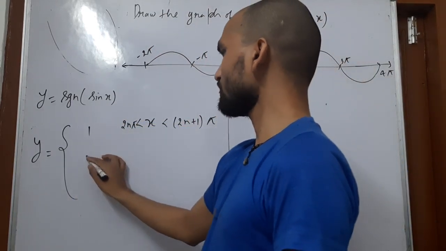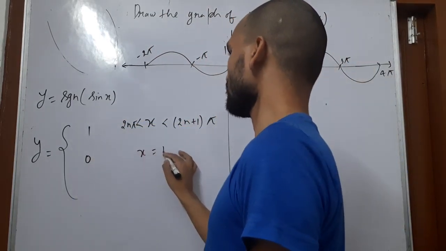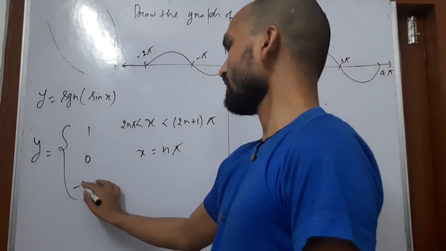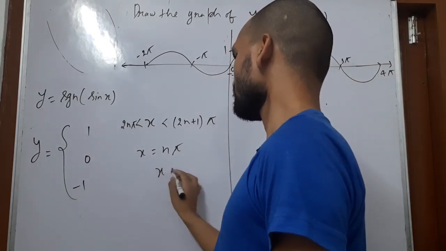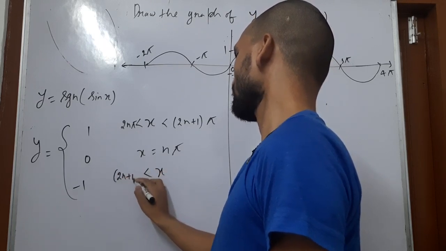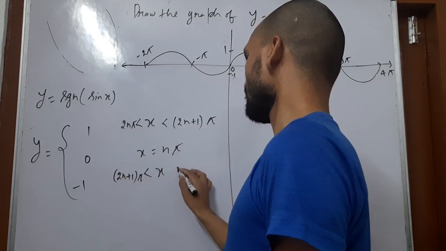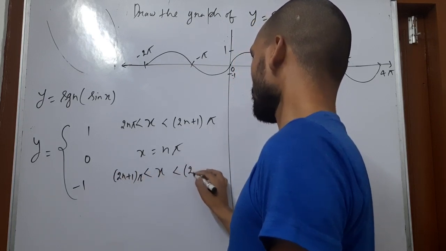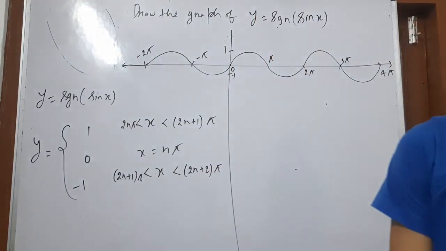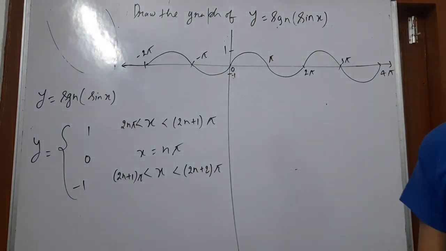It is 0 when x is equal to n pi, and it is negative 1 when x is greater than (2n plus 1) pi and less than (2n plus 2) pi. Okay students, this is our result.